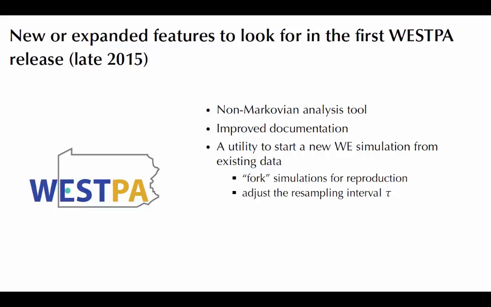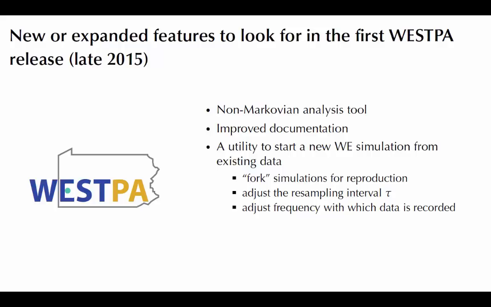This also helps us to get around the fact that at the moment we can't adjust the resampling interval tau or the frequency with which data is sampled within tau. It's a major problem in terms of data storage and analysis to change this on the fly. Very difficult to do, very error prone.